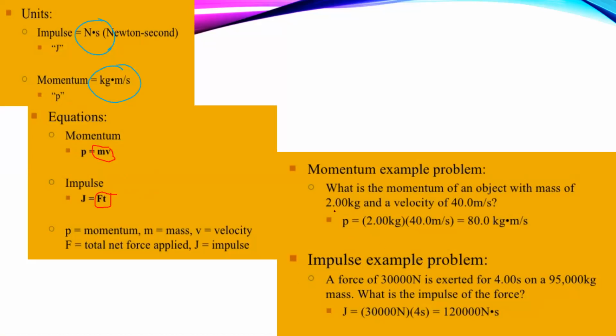And here you have mathematical problems for it. If you have 40 meters per second and a 2 kilogram mass, you multiply them and you get momentum. If you have a force with applying time, so 30,000 Newton times second, you get an impulse. So the unit of momentum is kilogram meter per second, and the unit of impulse is Newton second. Is it clear?